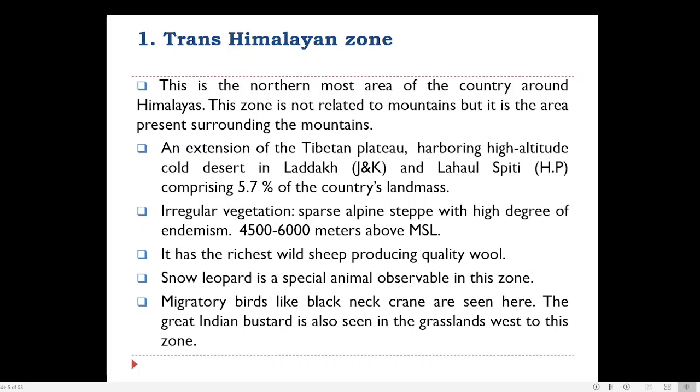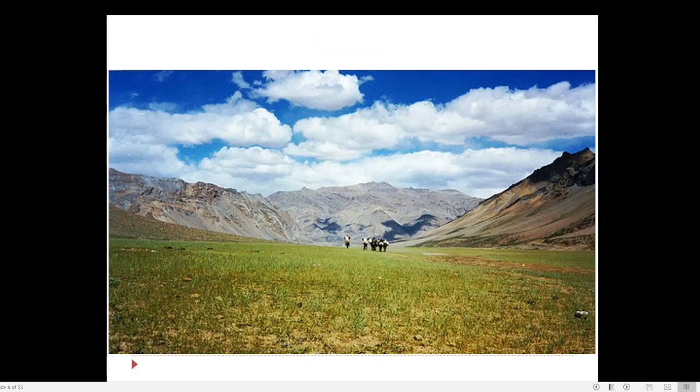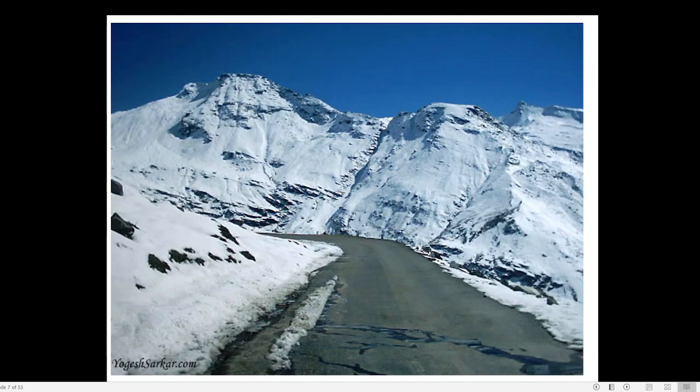The height of this area is very high, around 4,500 to 6,000 meters. If we go to the Munnar area, the average height may be between 1,000 to 1,500 meters. Then you can think how high these regions are. It is around 6,000 meters above sea level. So this is an idea of how these areas will look.